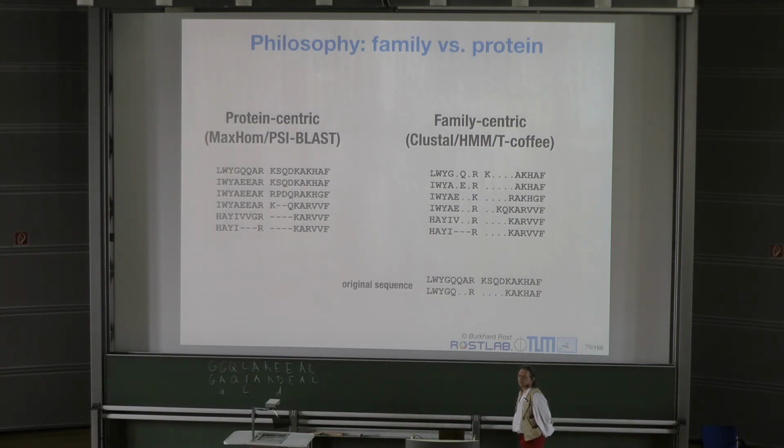Yeah? In the MAXHOM method, how do we arrive at which sequence is A? So the question is, in the protein-centric view, how do I arrive at protein A? How do I declare this is A and this is B? Ultimately the answer is the user does. A is the protein you, the user of that method, care for.